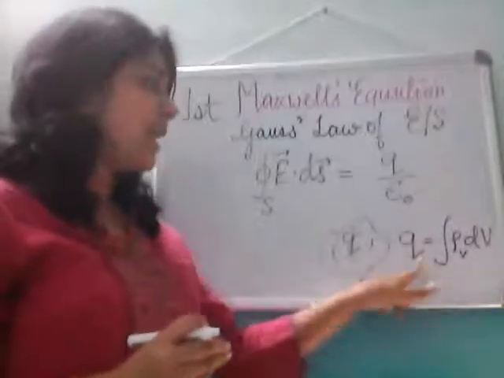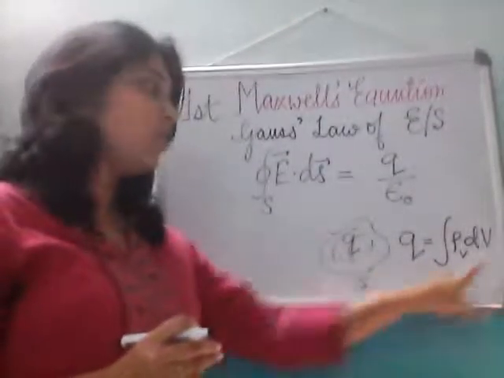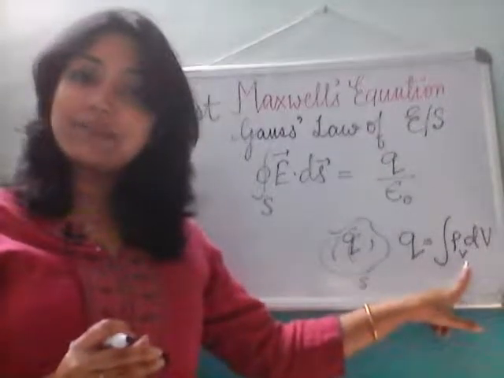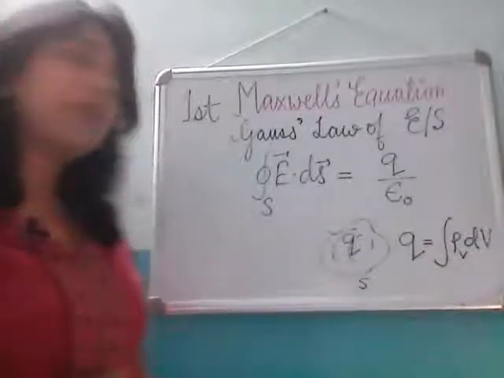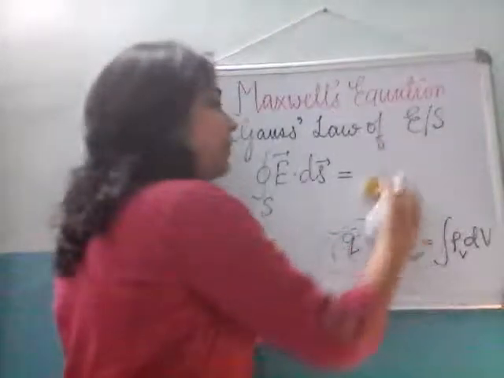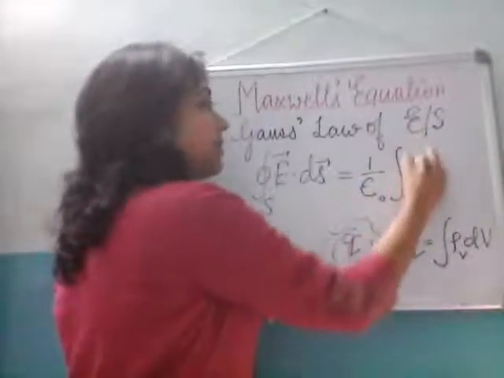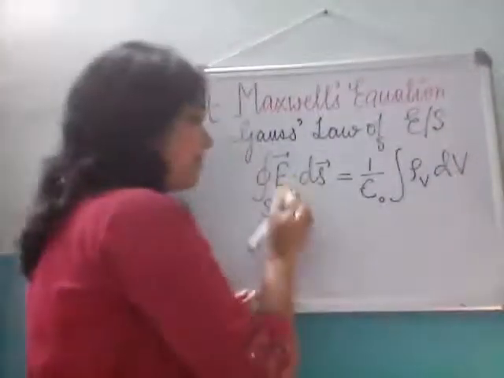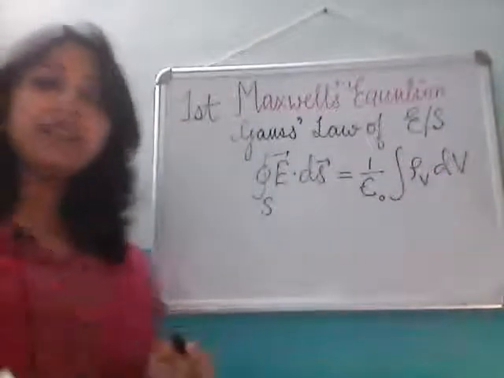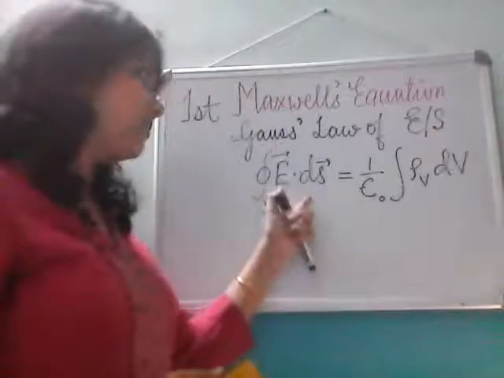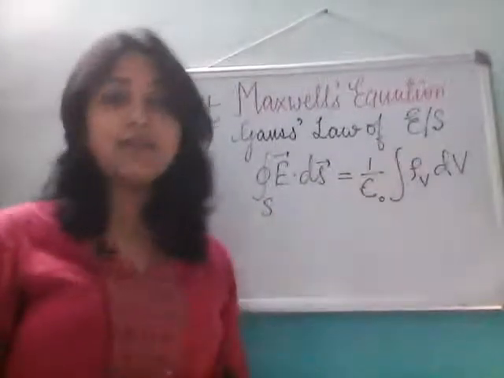So I can always write this Q as an integration over the entire volume of the volume charge density. If I take this value and replace it over here, then what will my equation look like? 1 by epsilon 0 times the integral of rho V dV. So we are still in the integral form only, because our left hand side as well as right hand side have integrations. Here, in my left hand side I have a surface integral, whereas in my right hand side I have a volume integral.